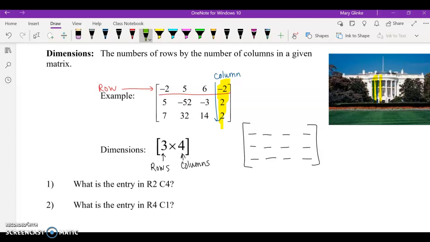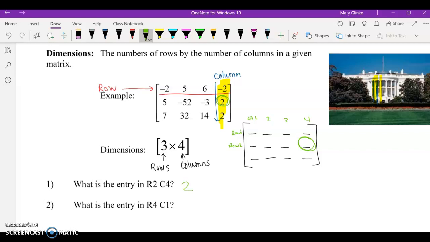Right here, this R2 is saying row 2, column 4. So you go row 1, row 2, and then column 1, 2, 3, and 4. Row 2, column 4 would be data entry 2.